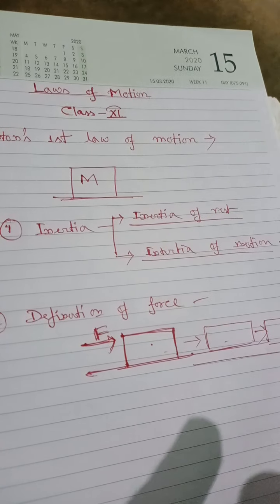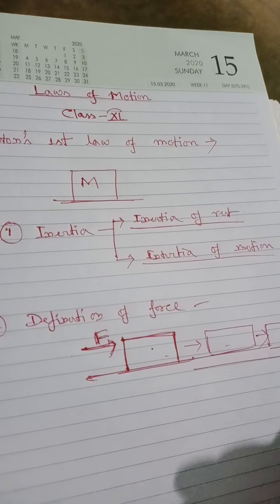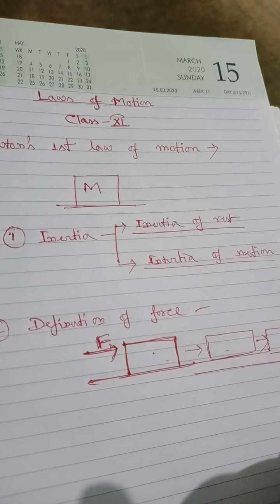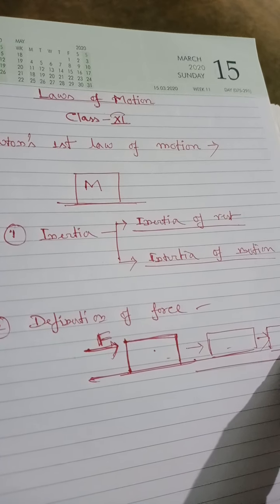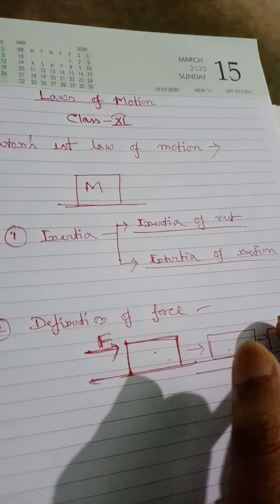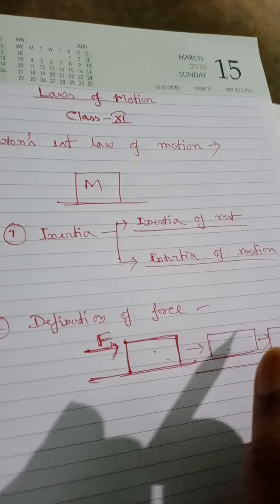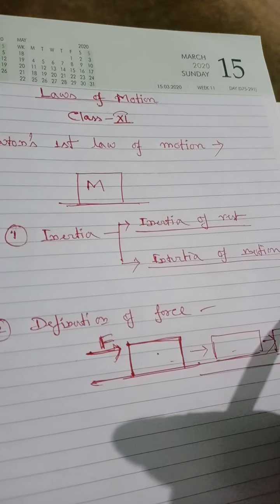So here the lower portion starts to move with the bus, but the upper portion tries to be at rest due to the inertia of rest. That's why the passenger feels a backward jerk. And similarly, if the running bus suddenly stops, the passenger feels a forward jerk.